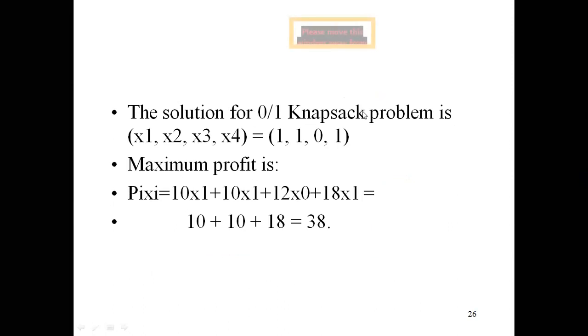So the solution for 0, 1 knapsack problem is x1, x2, x3, x4, that is 1, 1, 0, 1. This is the solution for 0, 1 knapsack problem. So maximum profit. What is maximum profit here?